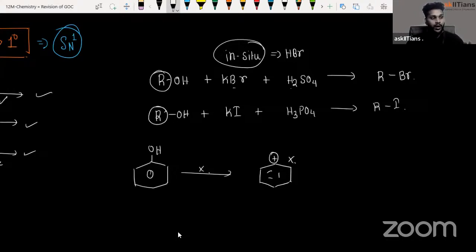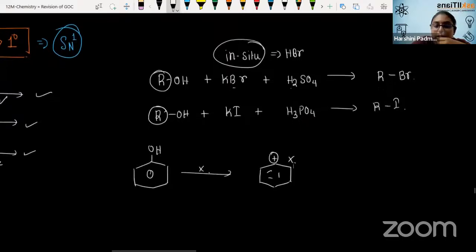So if you want to get aryl iodide, I'm going to tell you what is the exact mechanism of it, which is actually the best method of making aryl iodide. What did I tell you the name of the reaction is? Hunsdiecker? Hunsdiecker reaction is the best way of making the alkyl iodides. But right now, just remember, aromatic alcohols do not undergo this particular reaction.